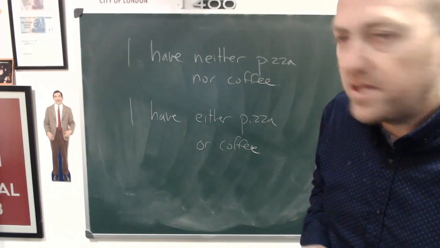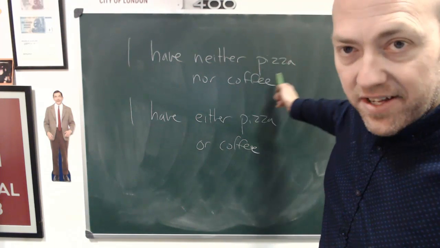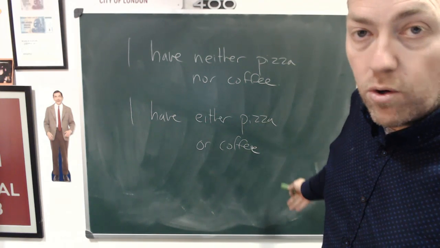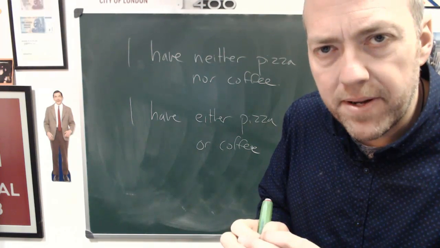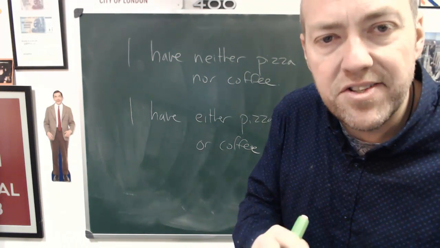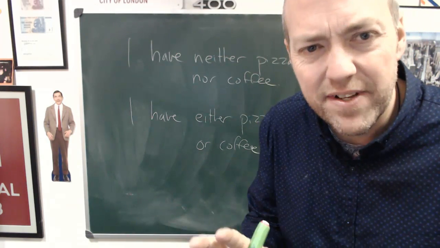Here's two examples, okay? So, I have neither pizza nor coffee. Or I have either pizza or coffee, okay? So, the important thing to remember is that when we use neither and nor, we are saying, I have none, okay? It's negative.